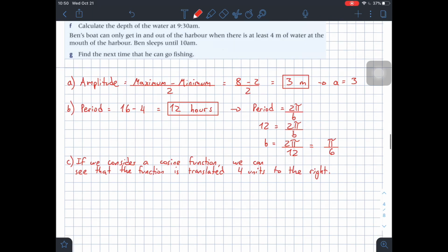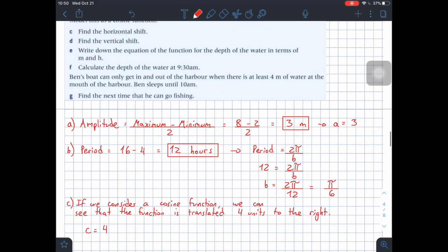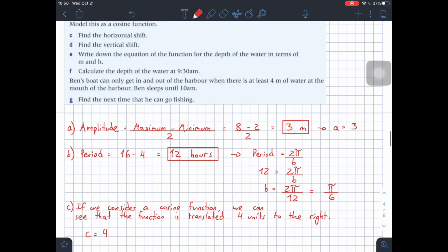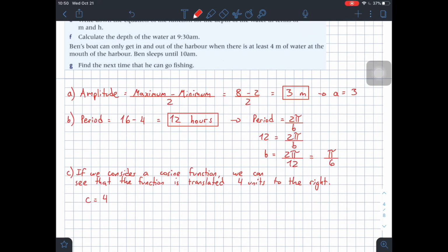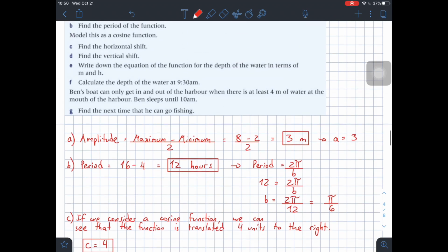That means that the value of C would be positive 4, right? Positive 4 is the value of C. So that is the horizontal shift, 4 units to the right. So we can mark this as our answer for part C.